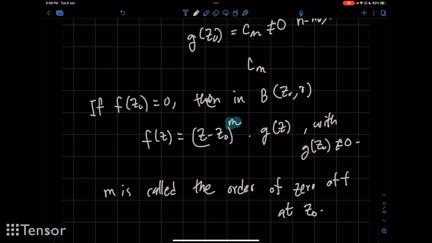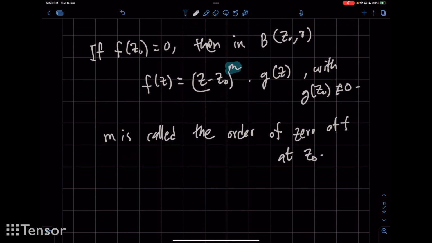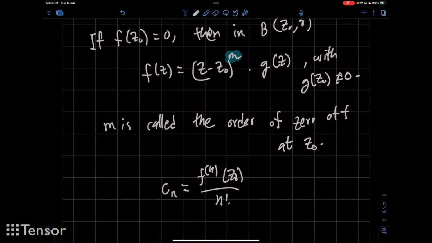So you can also see this differently. Like, we know that Cn is the nth derivative of f at z naught divided by n factorial, right? So we know that the zeroth derivative, that is the function value of f itself at z naught, is 0.